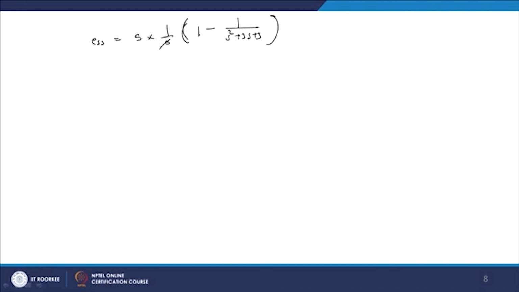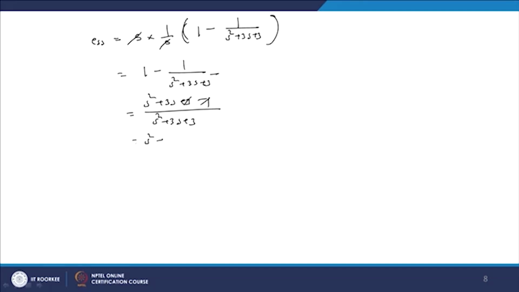Now, this s will cancel. So, we will get 1 minus 1 upon s^2 + 3s + 3. Now, if you solve it, s^2 + 3s + 3 minus 1, this becomes 3 minus 1, 2.